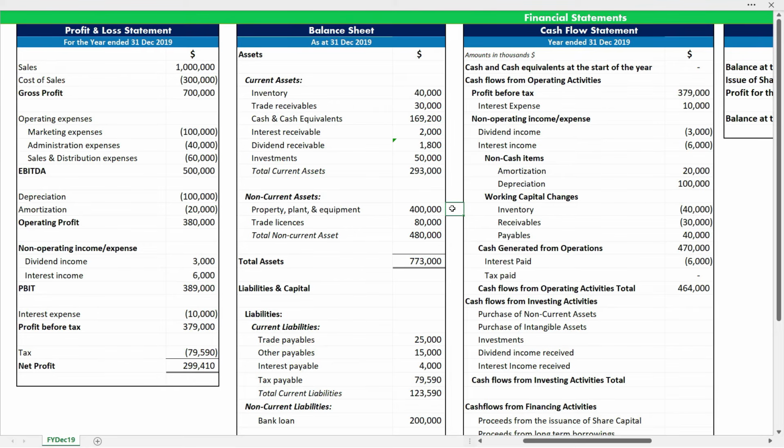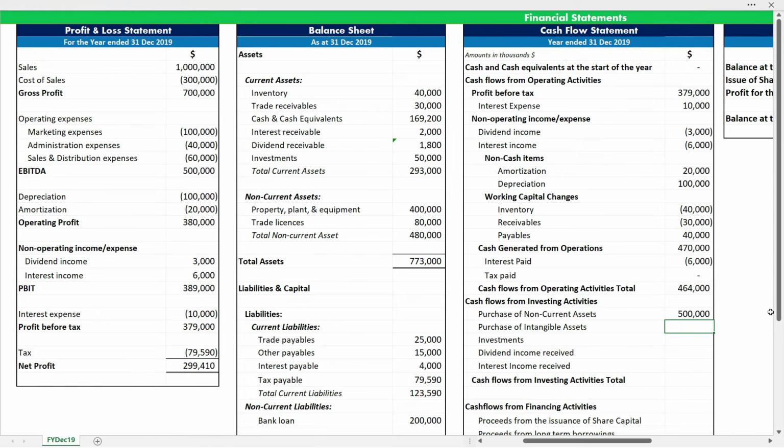But wait, there is also a depreciation of 100,000, which means that the assets you purchased got depreciated by 100 and they are still at 400, which means that the original value of the assets that were purchased is going to be 5 lakhs.